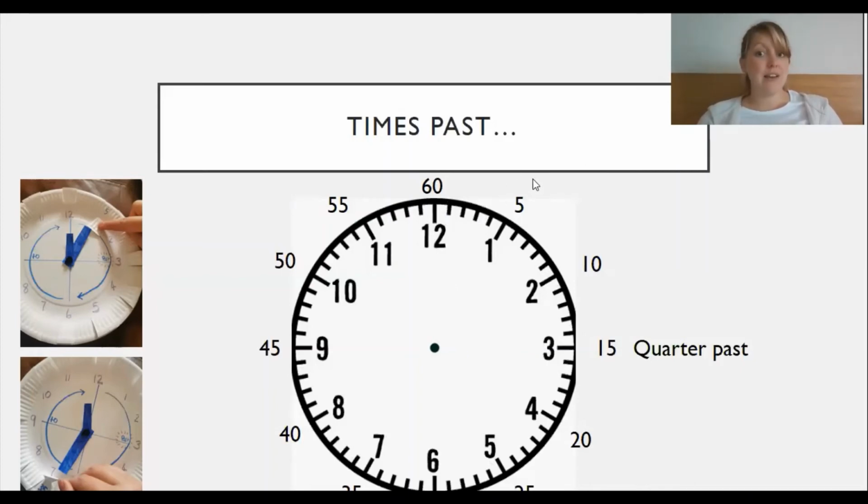So let's give it a go. 3, 2, 1. 5 minutes past, 10 minutes past, quarter past, 20 minutes past, 25 minutes past, 30 minutes past, 35 minutes past, 40 minutes past, 45 minutes past, 50 minutes past, 55 minutes past, and 60 minutes past, which of course would be the next hour, the next o'clock.